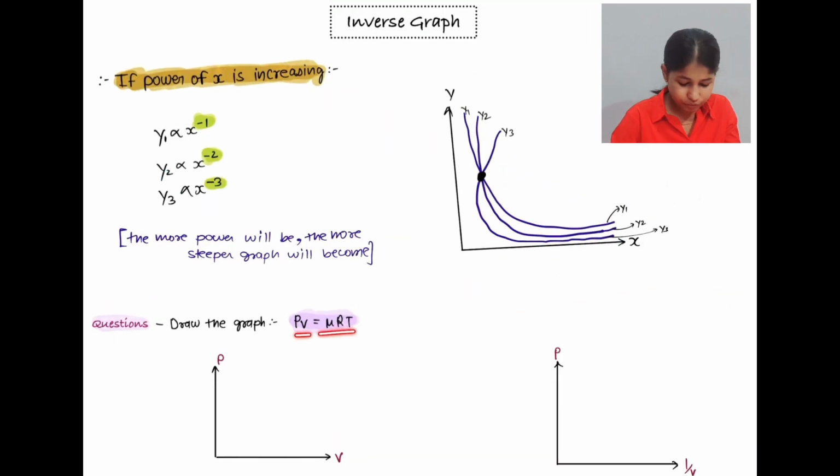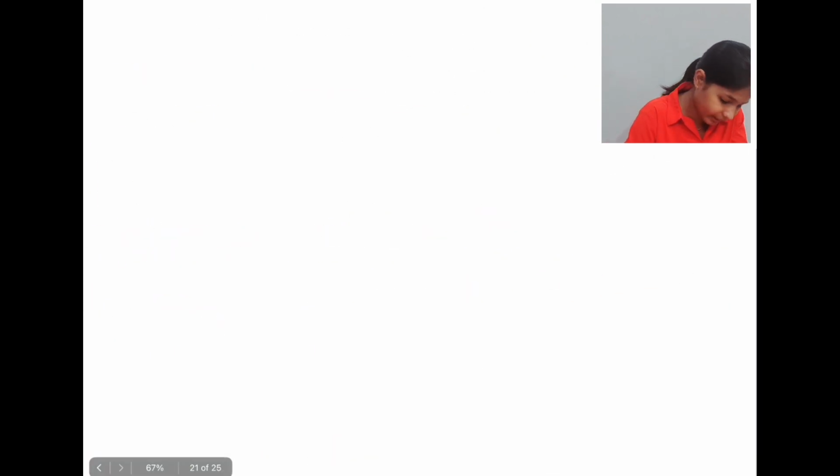What our question is saying is that it is given a formula, PV is equal to μRT.